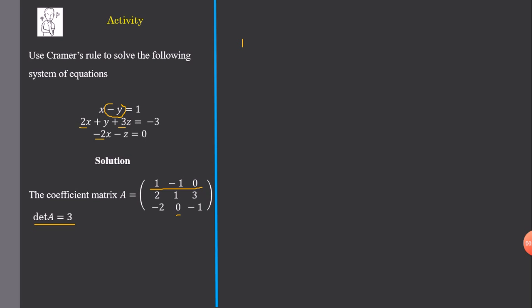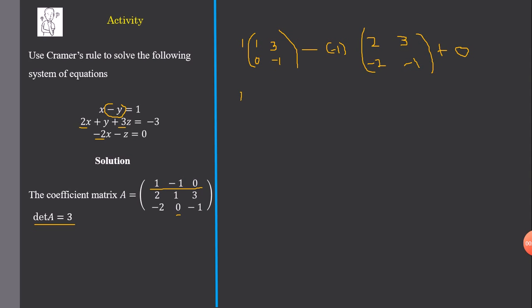We have 1 multiplied by this matrix 1, 3, 0, -1, then minus -1 multiplied by the matrix 2, 3, -2, and -1, then plus, you know that everything multiplied by 0 should give us a 0.